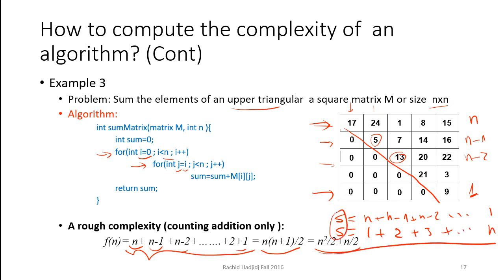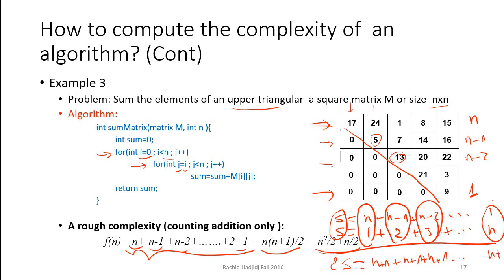So if you add these two here, you get 2s equal. And then you have 1 plus n here, which is going to be equal to n plus 1, plus these two here, n minus 1 plus 2 equals n plus 1. And this one is going to be also giving you n plus 1. And also the last one is going to be n plus 1.